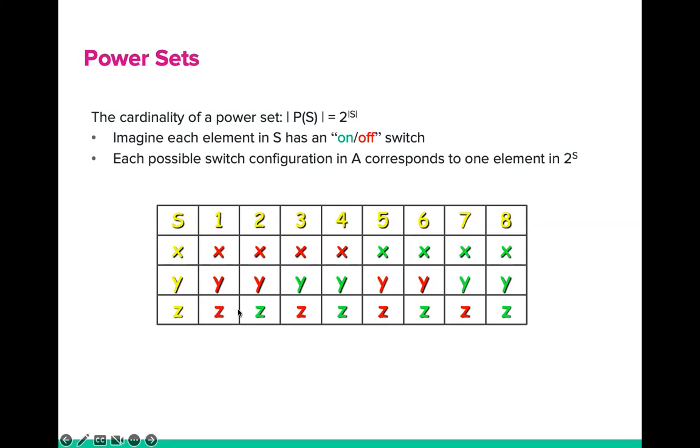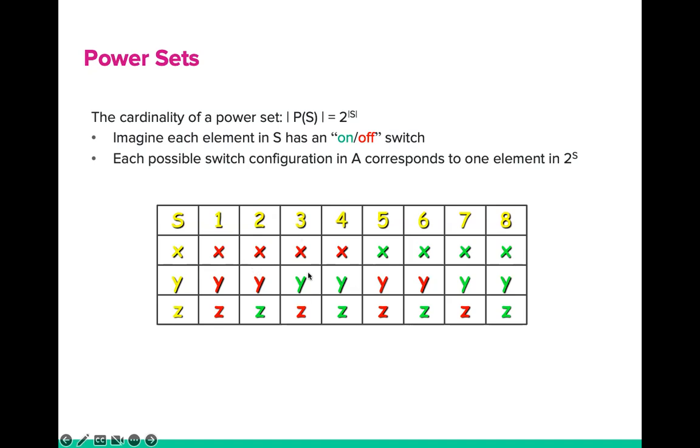So we have the first subset, meaning all of the elements X, Y, Z are off, so the set is empty because the states of elements X, Y, and Z are all off. Now for subset 2, only Z is on, meaning only Z is included in the subset, and X and Y are not included.